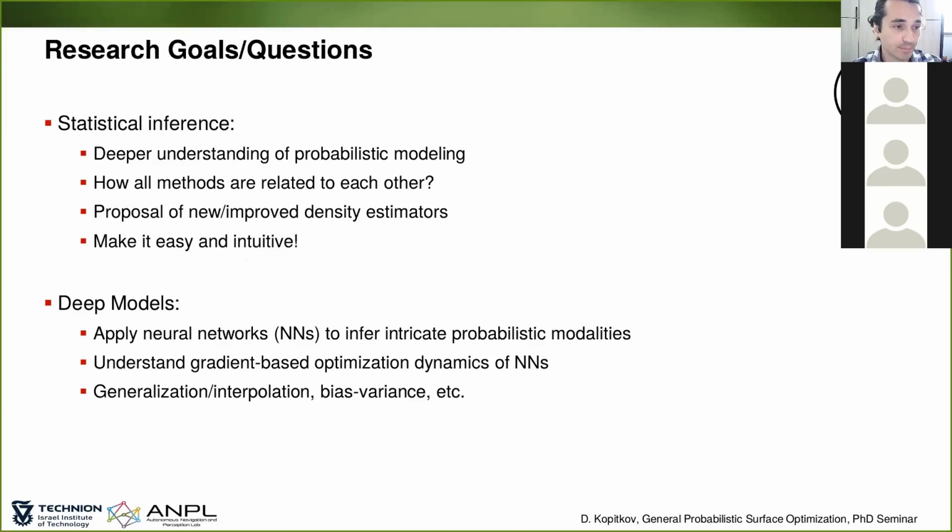And the important part would be to make it easy and intuitive, because currently lots of this work require you to know a lot of mathematical background. So I will talk about some more general framework, which is also very simple to understand.